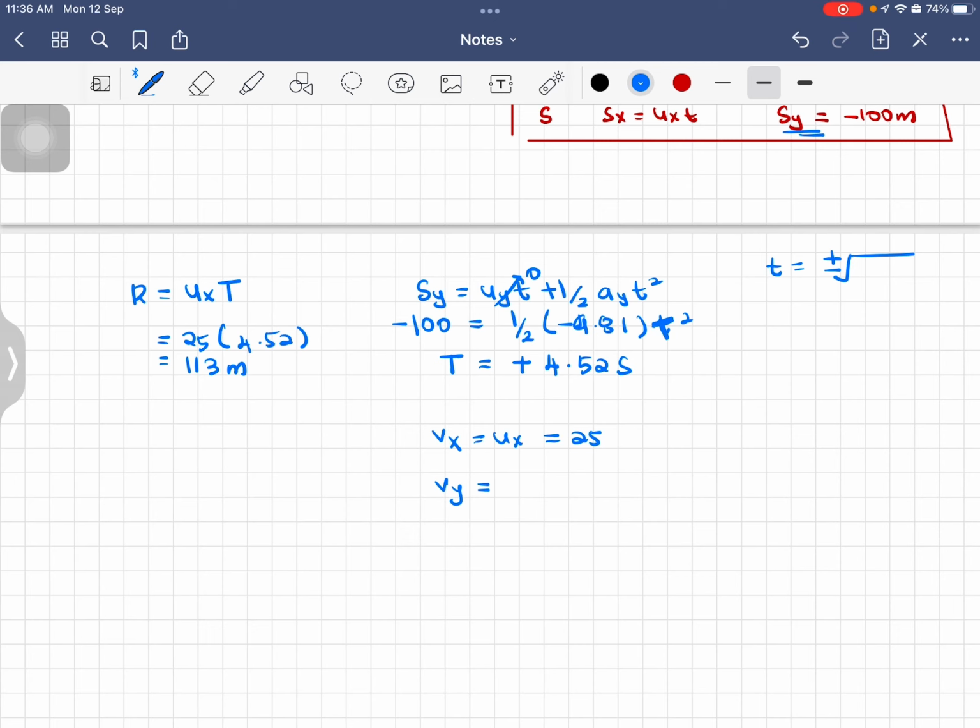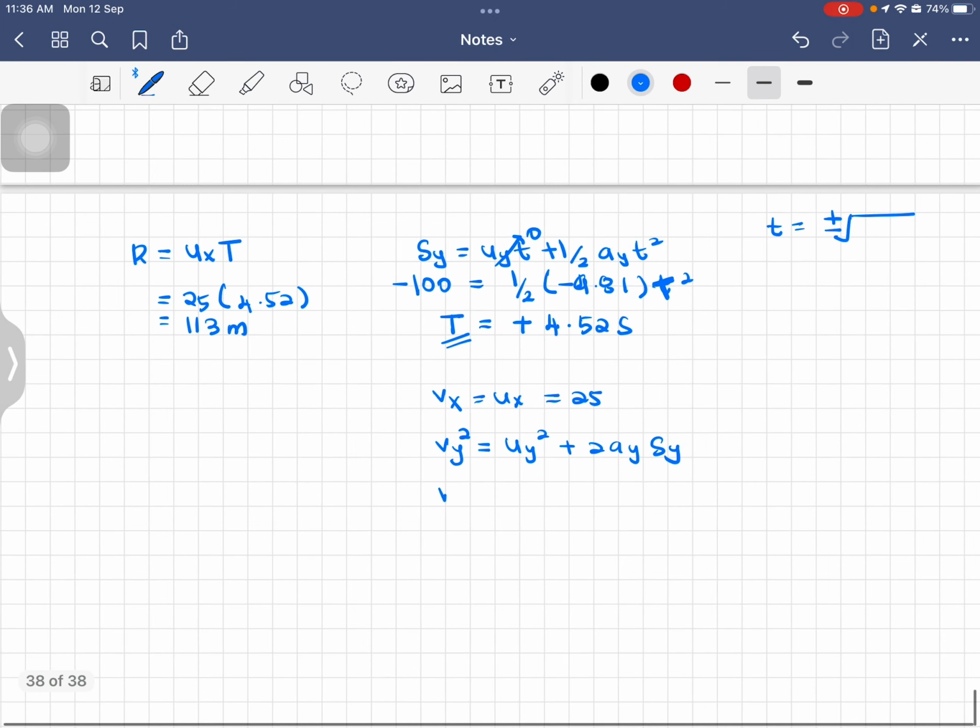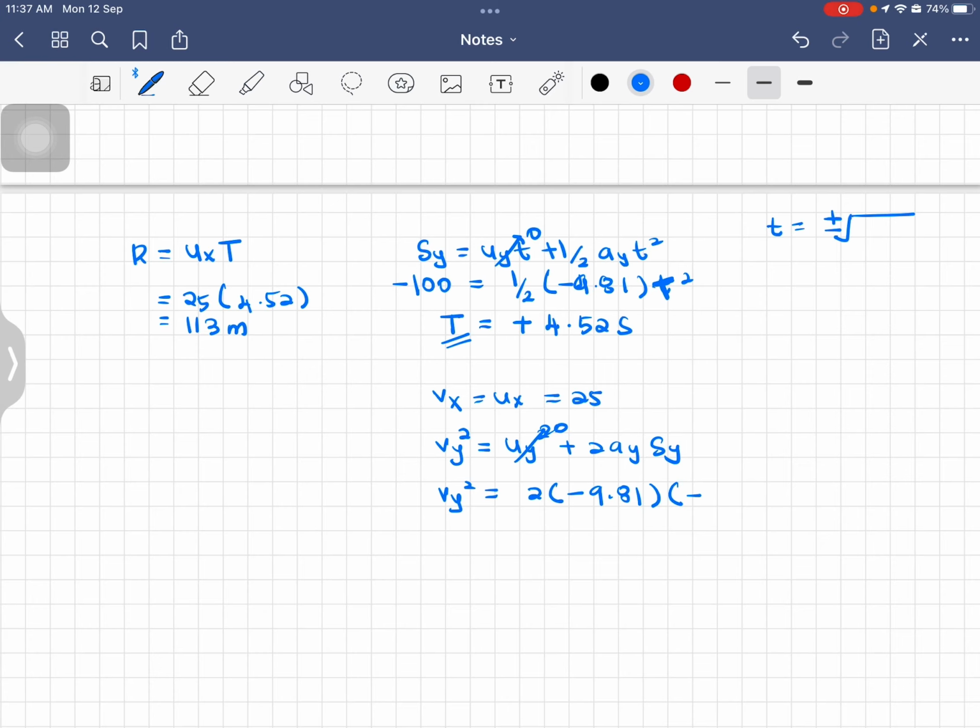So Vy, since kita dah ada T, kita boleh guna V equal to Uy plus At. But if I want to use this 2Ay Sy, which is Vy square sama dengan Uy is 0, 2 negative 9.81 and my Sy is negative 100.